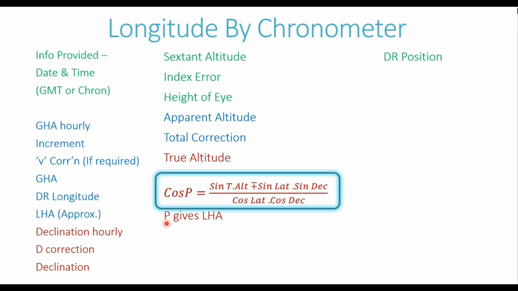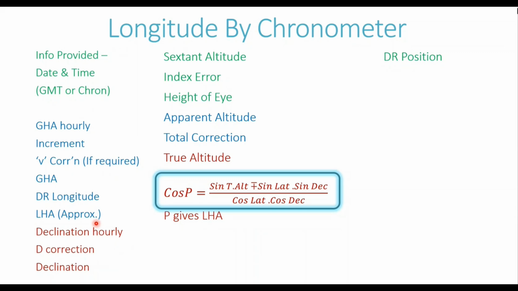So repeating once again, whatever value of P is obtained, compare that value with the approximate LHA. If both of them are matching or close to each other, you take P equal to LHA.